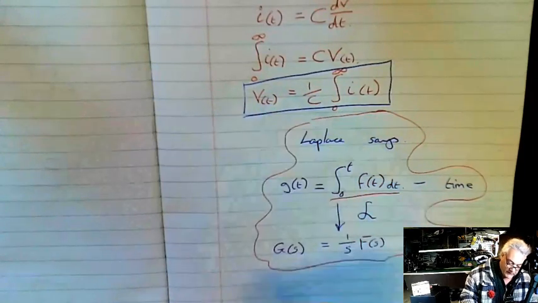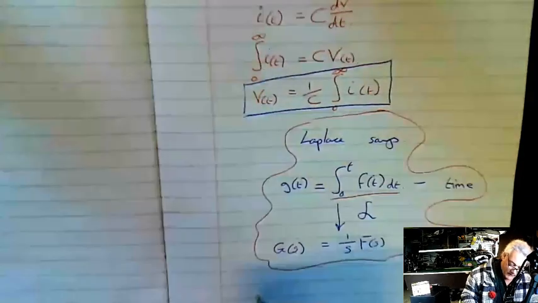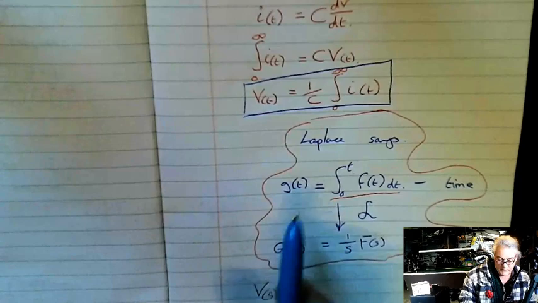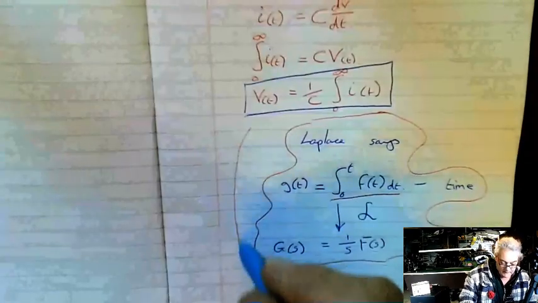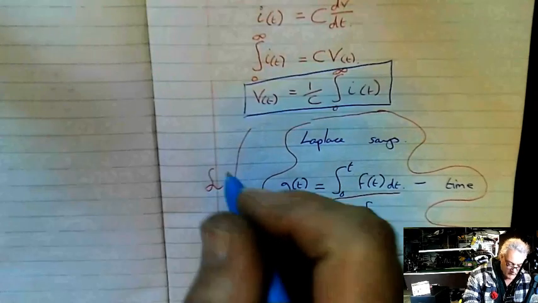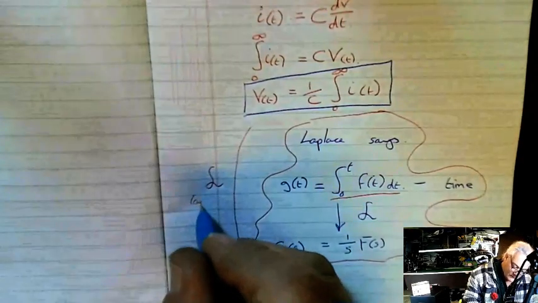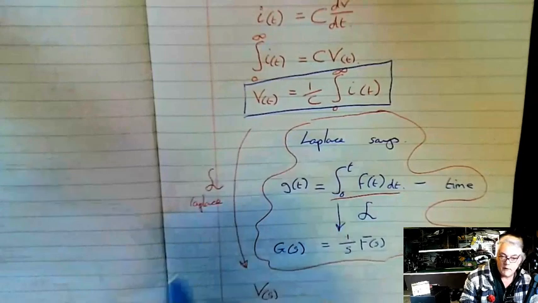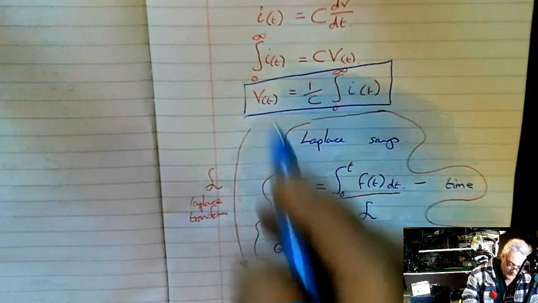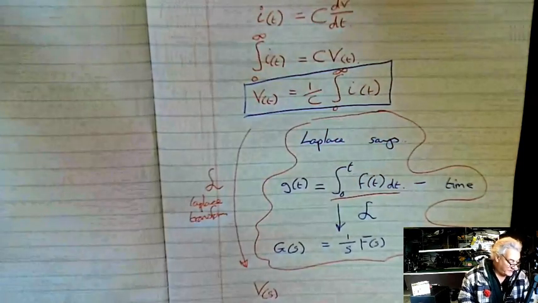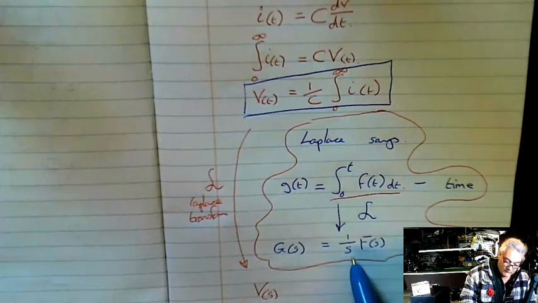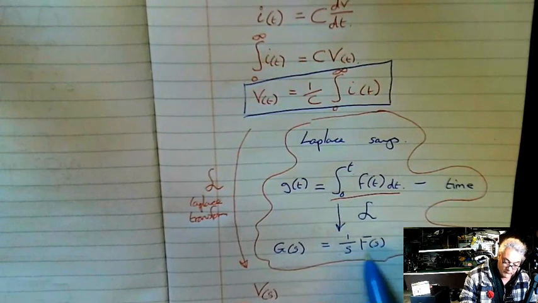So v of t, it should be a lowercase v by the way, becomes v of s because it's now in the Laplace domain, because we're taking the Laplace transform of this. It's 1 upon s times whatever the function is.